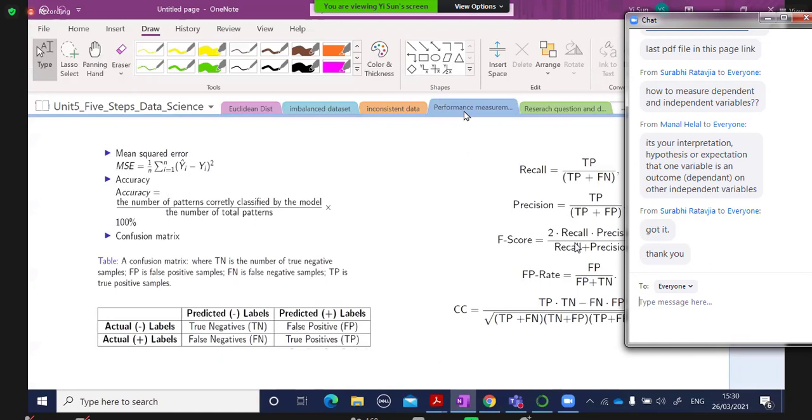For example, for a regression problem, supervised learning, we have mean squared error, which we have already seen when we learned simple linear regression.